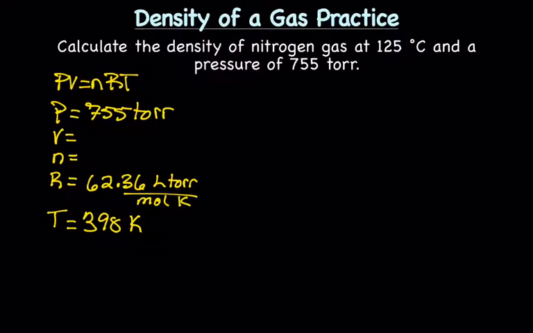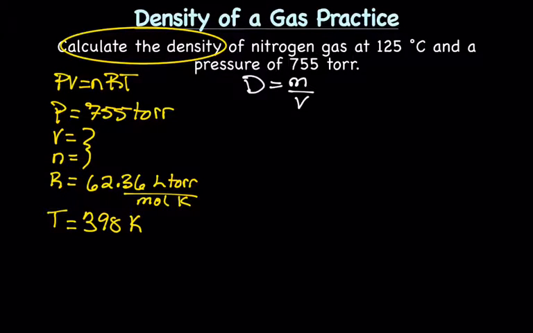All right, so we don't have anything written for volume or moles. Let's look back at our question. It's asking us to calculate the density. Well, let's write the equation for density. Density equals mass over volume.